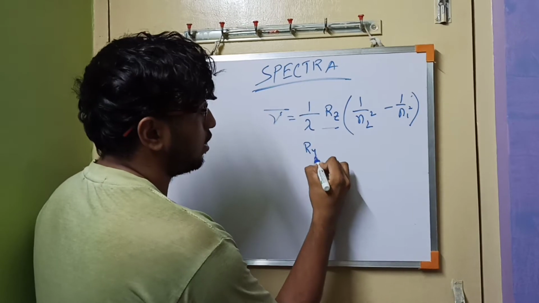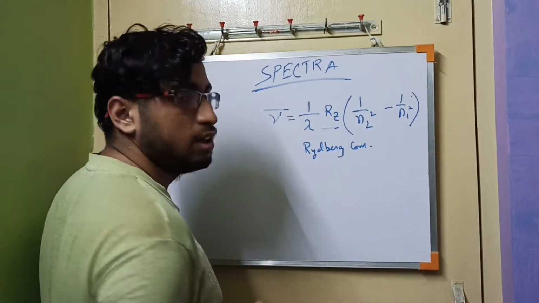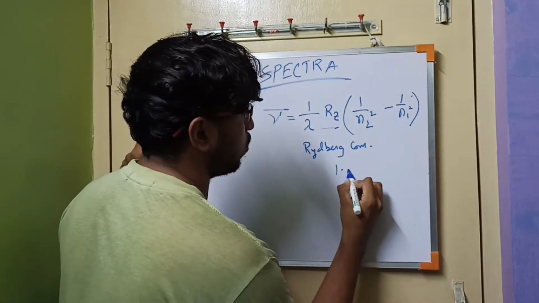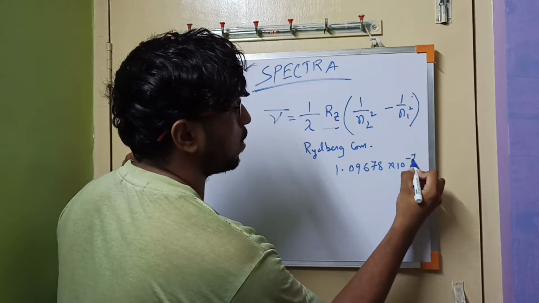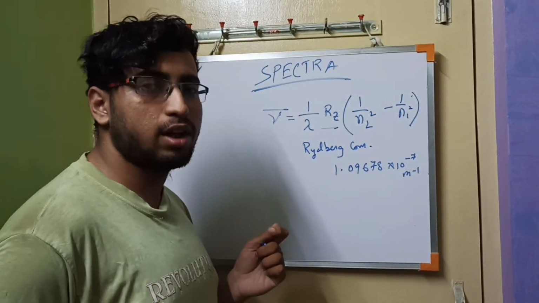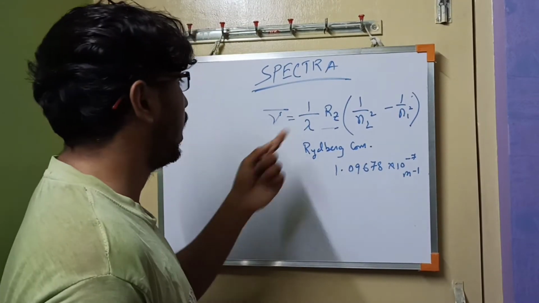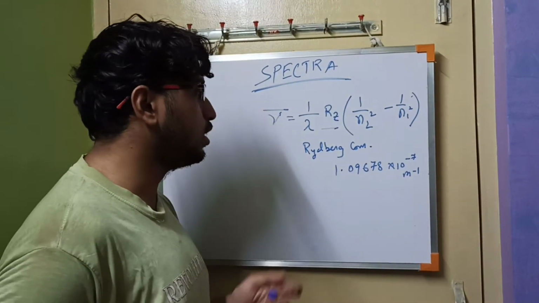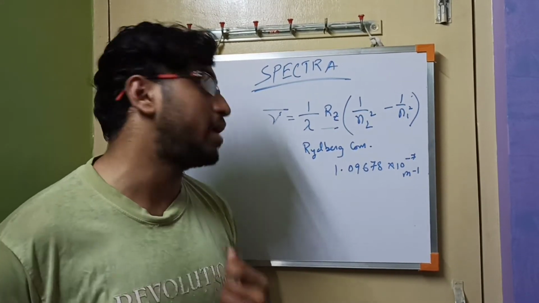Rz is the Rydberg constant that has a value of 1.09678 into 10 to the power minus 7 meter inverse. And nu bar is the wave number and lambda is the wavelength. So this is the equation by which we can express a line spectra.